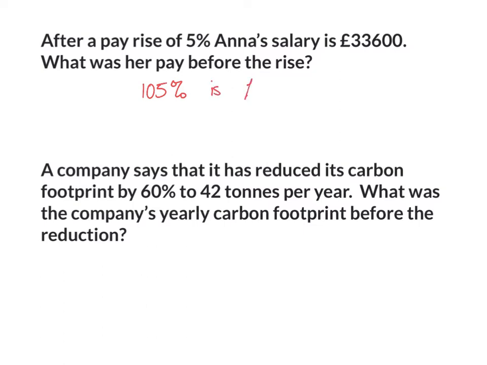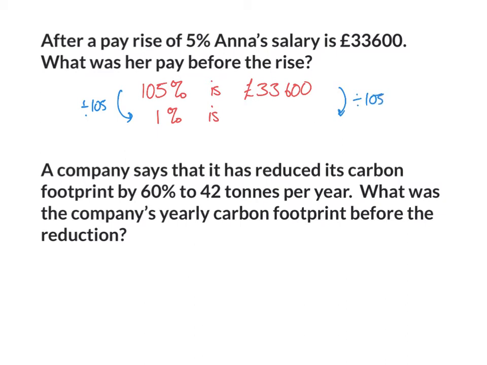So 105% is 33,600. Now what we can do is take it back and find out, well, what's 1% then? And we do that by dividing by 105.